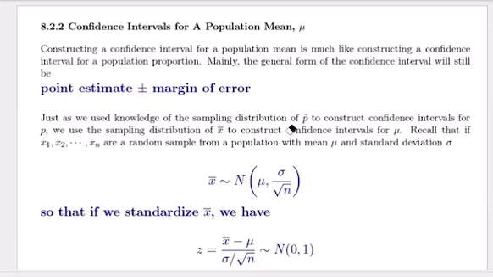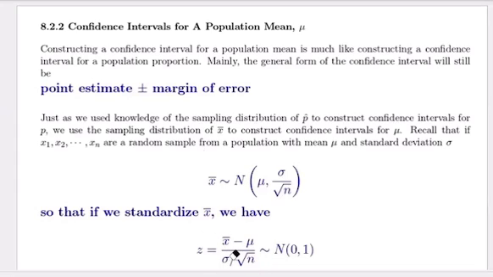In the sampling distribution of mean that we did in chapter 7, we were able to verify that X bar will follow a normal distribution with the population mean mu, and the standard error will be sigma over root n, for sufficiently large sample. And don't forget, we standardize using this.